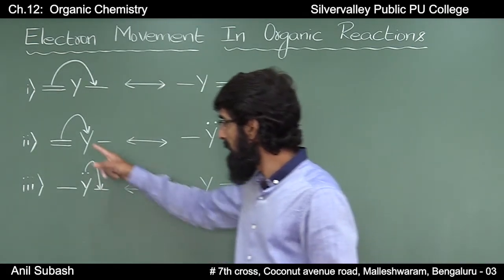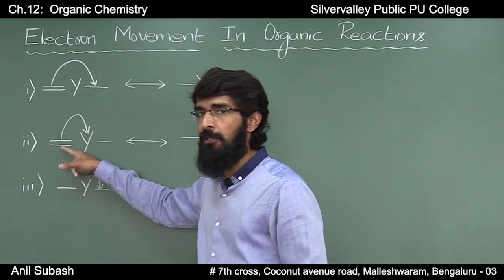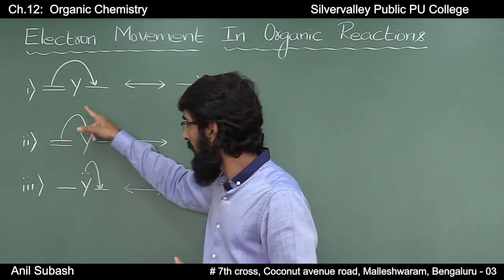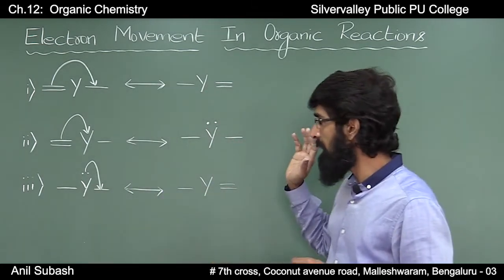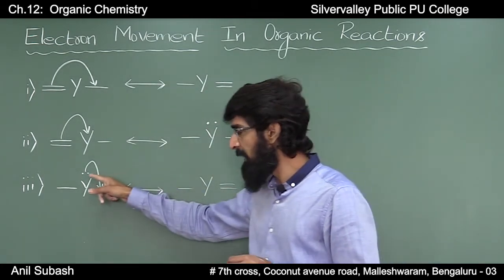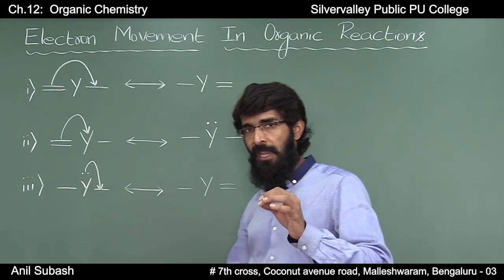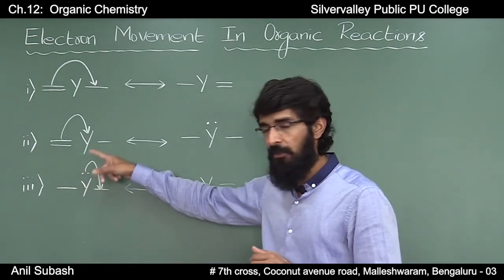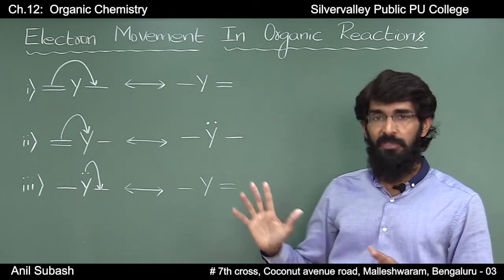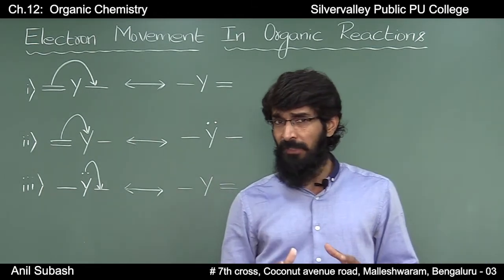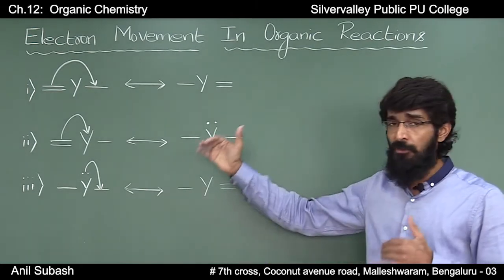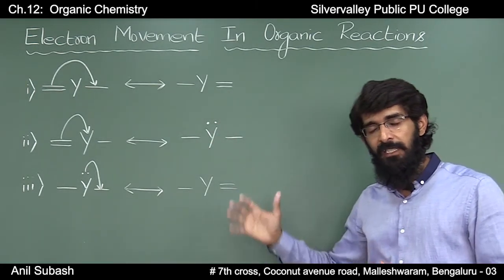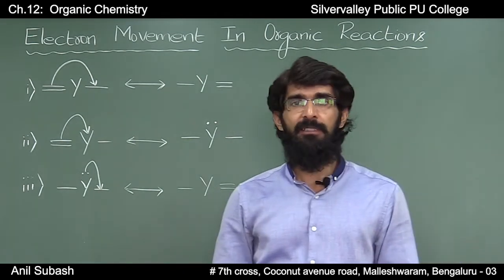In the second case, the movement of pi electrons takes place to the adjacent atom, and in the third case, the movement of electrons has taken place from the atom to the adjacent bond position. These are some examples to show how electron movement takes place in an organic reaction.